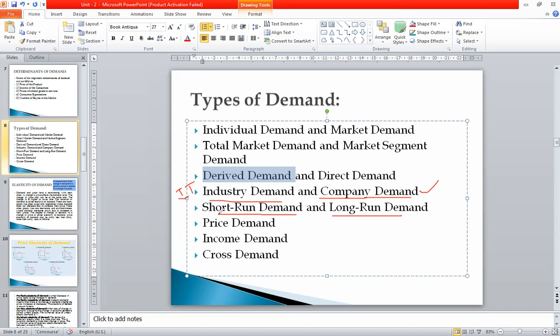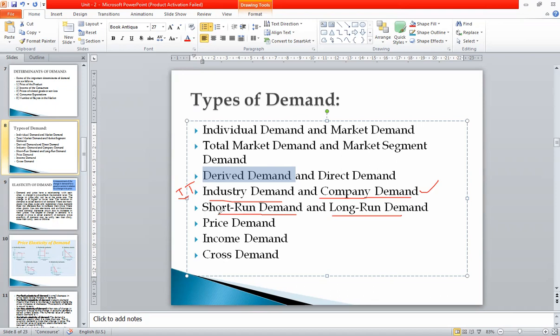Whereas long run demand is rice, wheat, jowar, and whatever we eat and consume over a long run. Whatever you purchase for a short-term purpose, to satisfy your needs, is called short run demand. Long run demand is what you consume, purchase and utilize for a longer period of time.